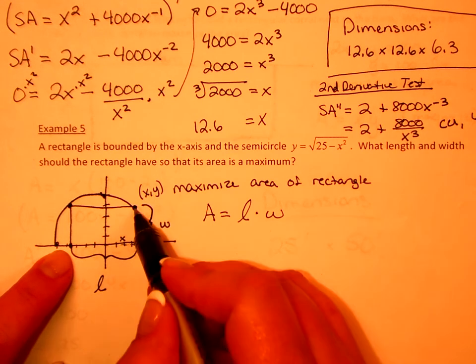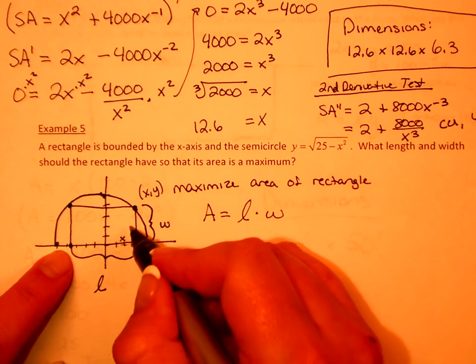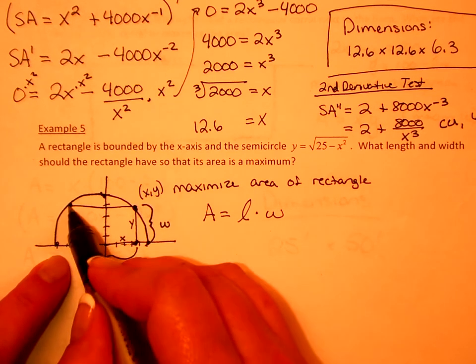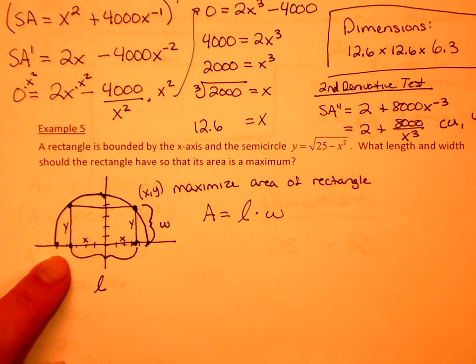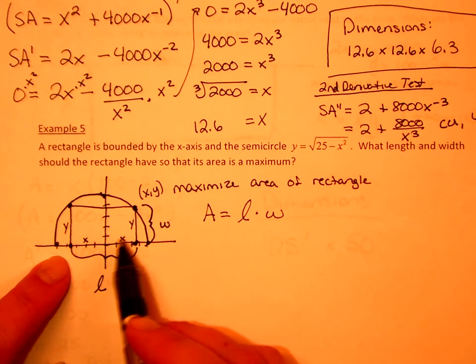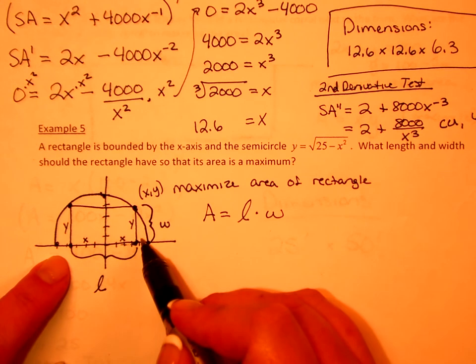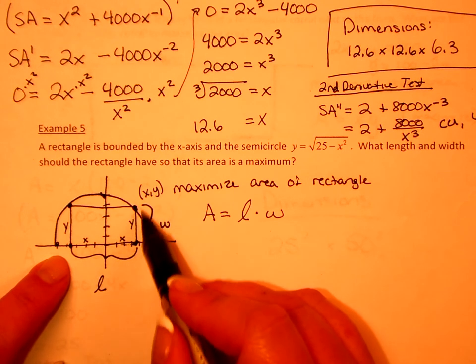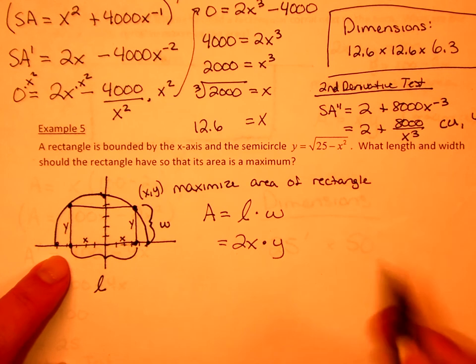So this point is x units over and y units up. Everybody okay with that? So what is the length? The length is really 2x's. And what's the width? Just 1y. So the length is 2x and the width is y.